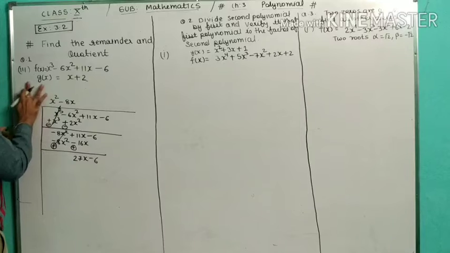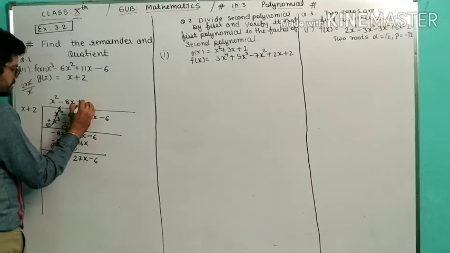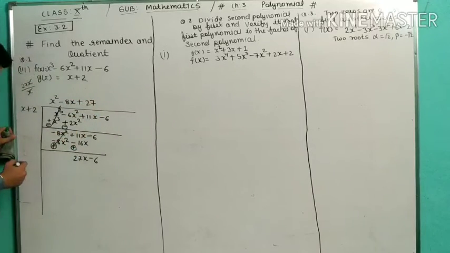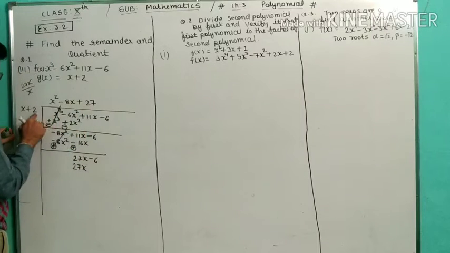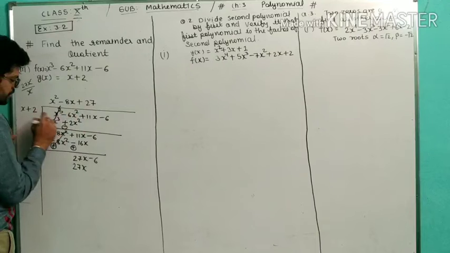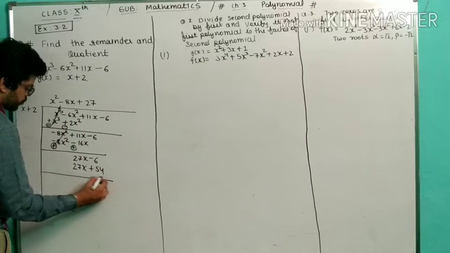Now what do we have to do? We divide 27x by x, and the answer is plus 27. 27 is multiplied with x, giving 27x, and multiplied with 2, giving plus 54.